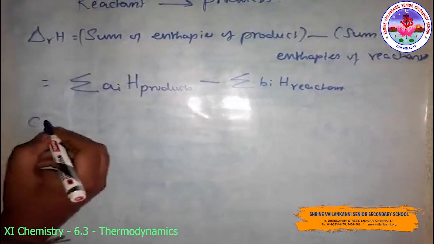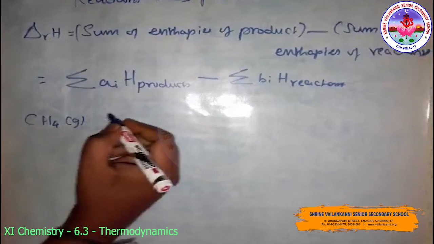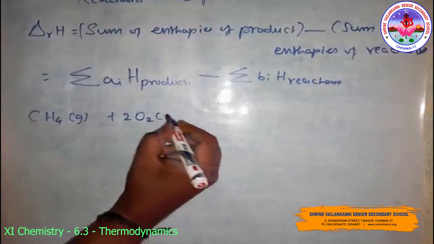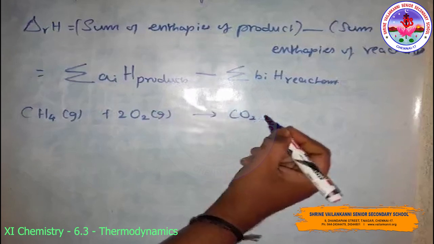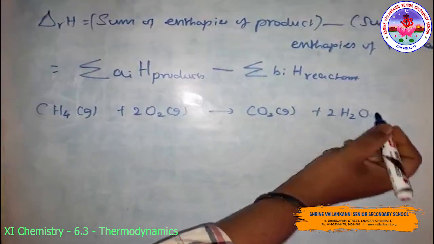Suppose we take an example: CH4, methane gas, reacts with 2 moles of oxygen gas to give 1 mole of carbon dioxide gas and 2 moles of H2O liquid.